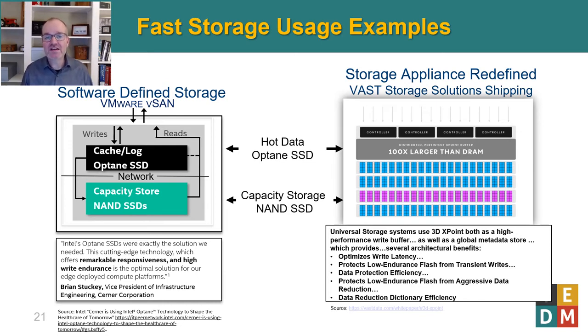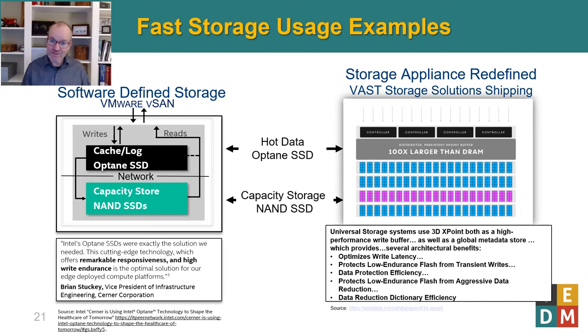And by doing this, they get very high performance from the Optane SSDs and then from the NAND SSDs, and they've gone to a 4-bit per cell QLC technology. They're able to get very, very high capacity because of the technology, because of the compression, because of the dedupe. Great combination of using those two types of SSD technologies.